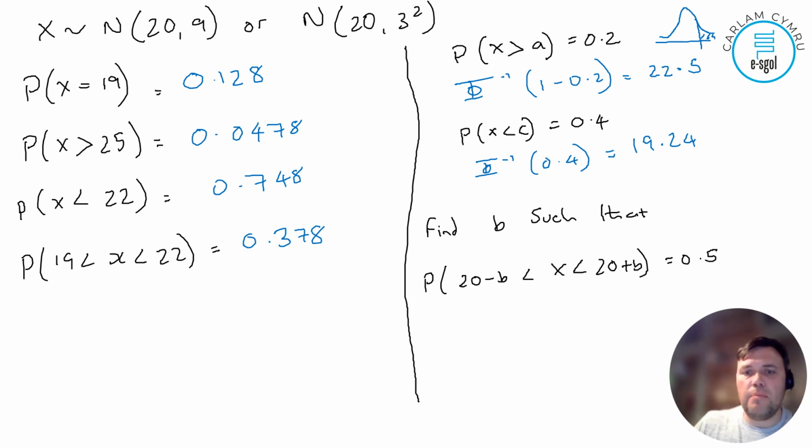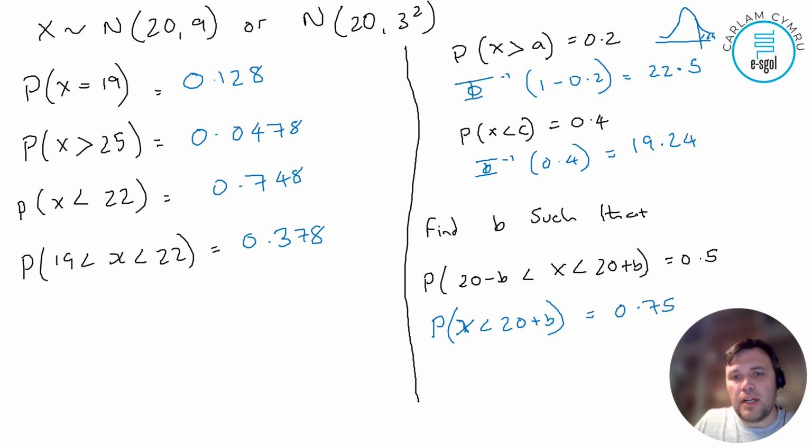So the upper quartile minus the lower quartile is equal to 0.5. That's the central spread. Okay, so you take one element of it. I'm going to say that the probability of X less than 20 plus b is equal to 0.75, because that is the upper quartile, which is 75% of it.